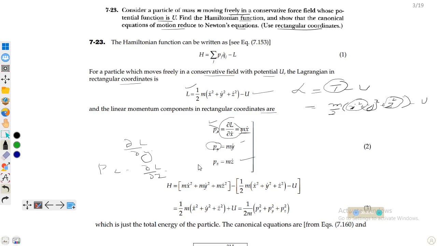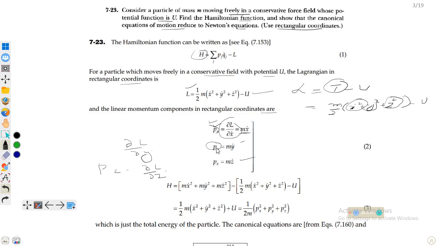Then for the Hamiltonian, you know that we need the sum over j of p_j q dot_j minus L. It means the sum of p_x times x dot, which is m x dot times x dot, and that will become m x dot squared.